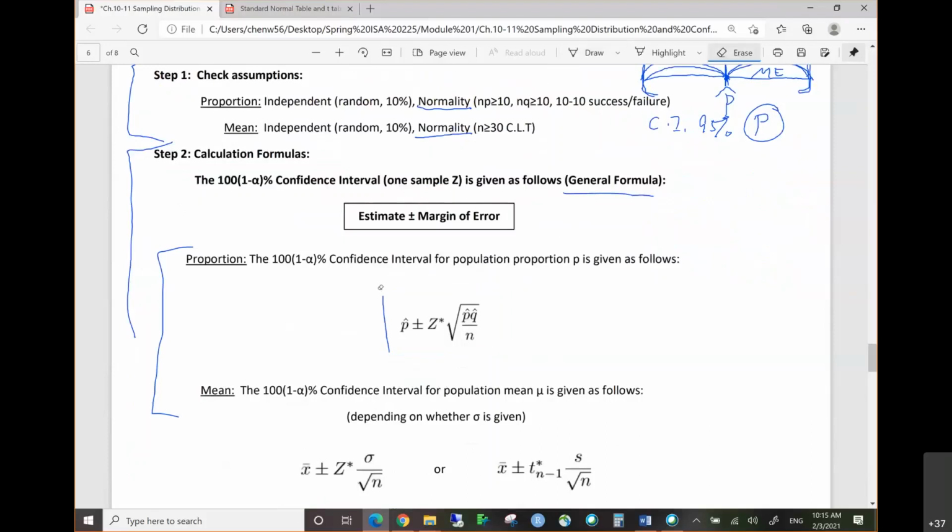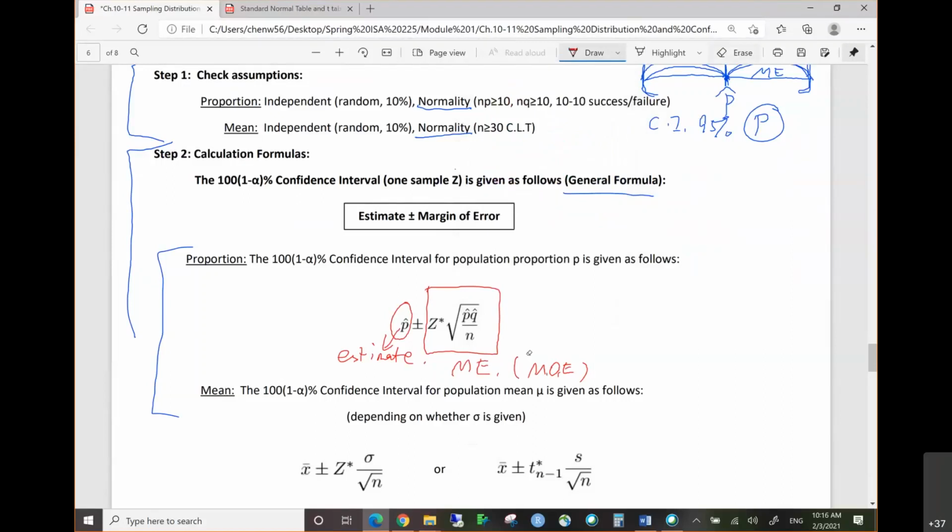All right, so let's look at this formula in detail. First, we have a sample, then the sample proportion will be our estimate, right? And then plus minus the whole part here will be the margin of error, short for ME. In some books, it is also short for MOE. It's the same thing, margin of error.